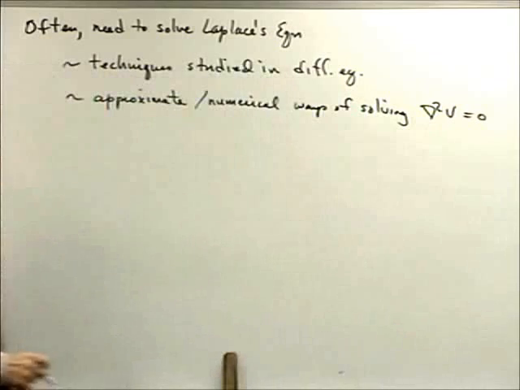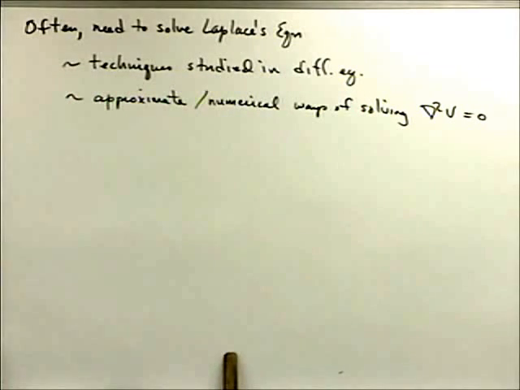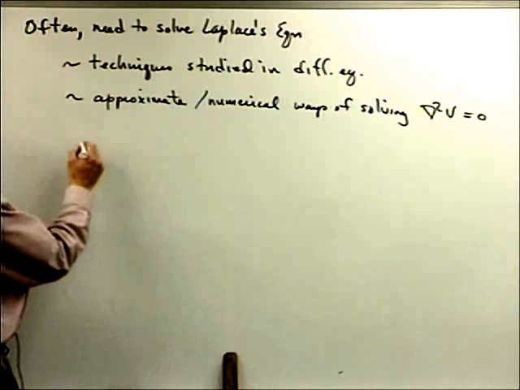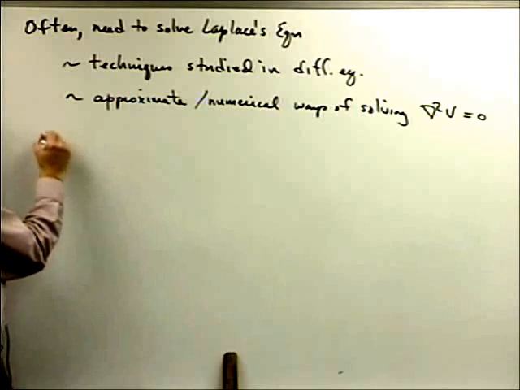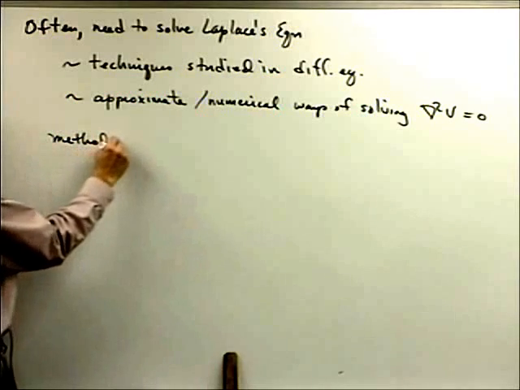So if we look a little bit at trying to solve Laplace's equation using numerical techniques, it turns out Laplace's equation is rather nice in that regard. And one of the simplest numerical techniques we can use is known as the method of finite differences.